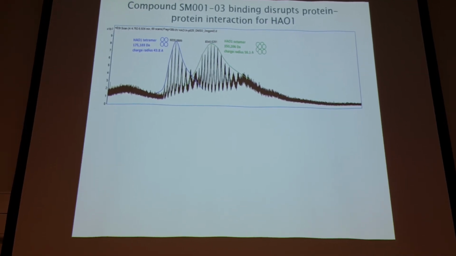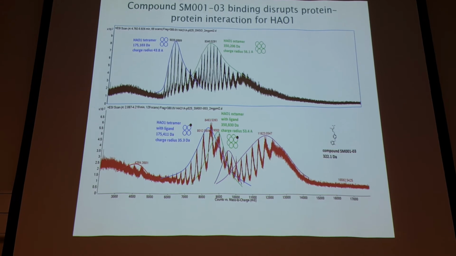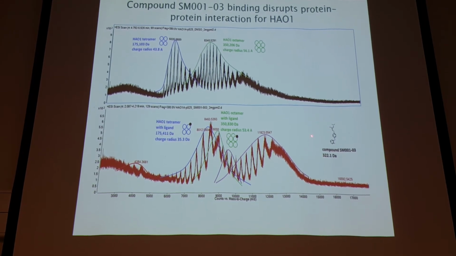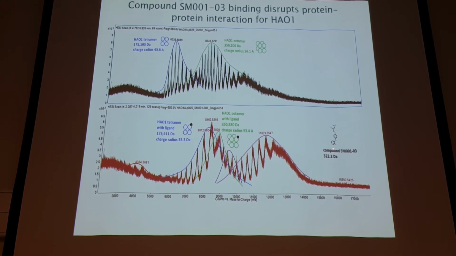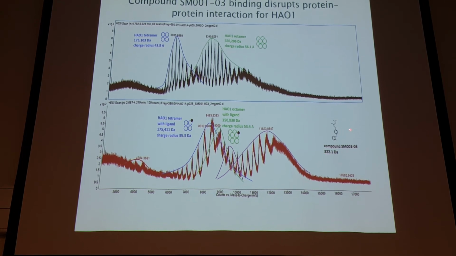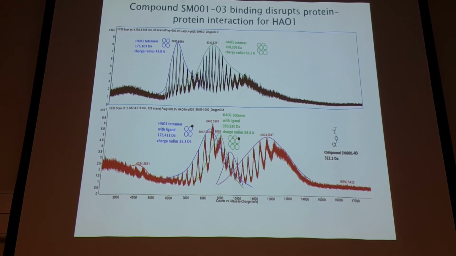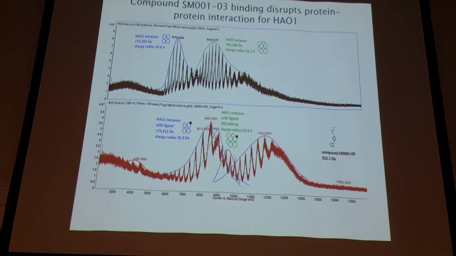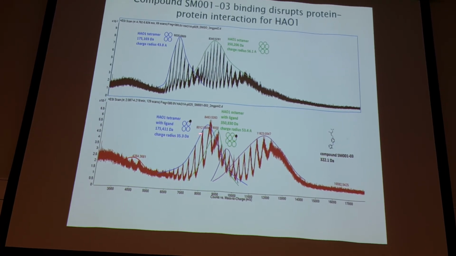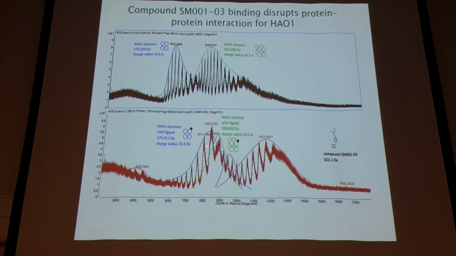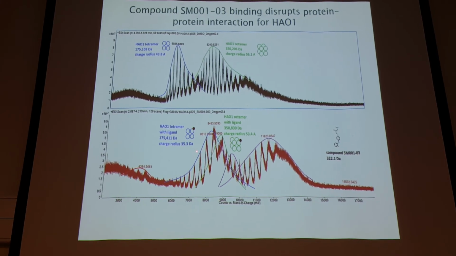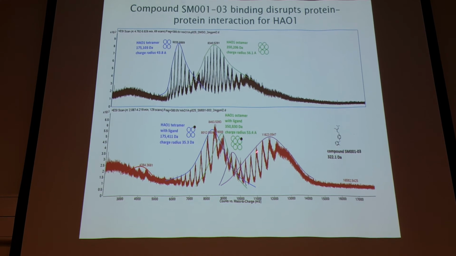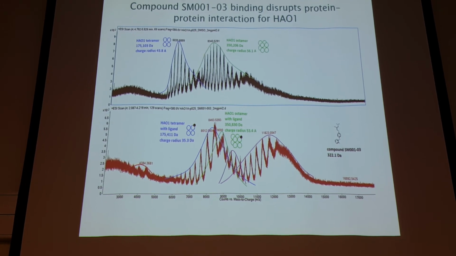What we've done here is this has now been incubated with this compound. This compound was made by a medicinal chemist specifically to disrupt this interaction. And what you can see now is the spectrum has changed. We still have the tetramer, we still have the octamer, but we now have a new species.